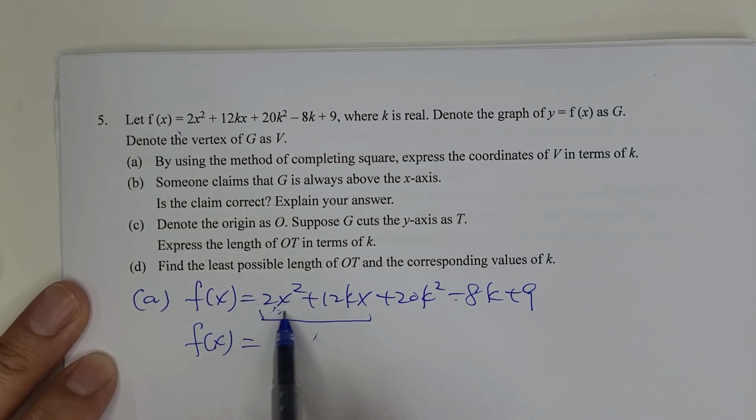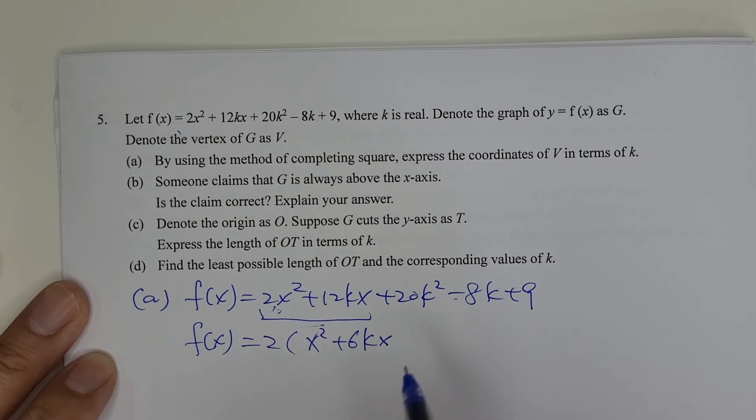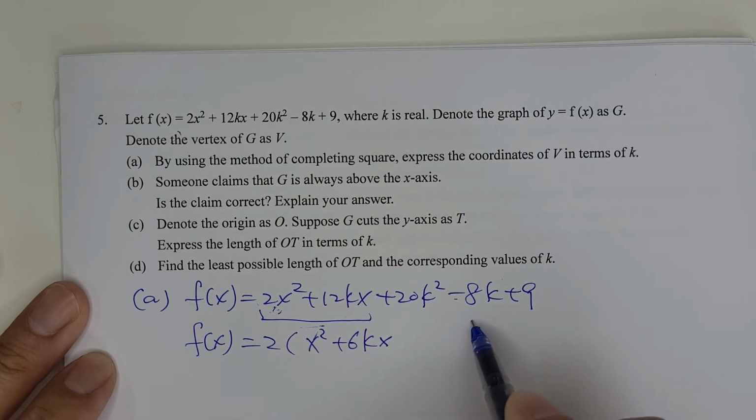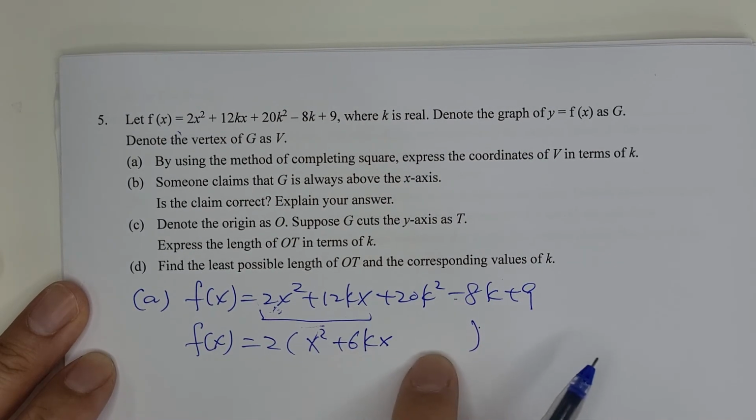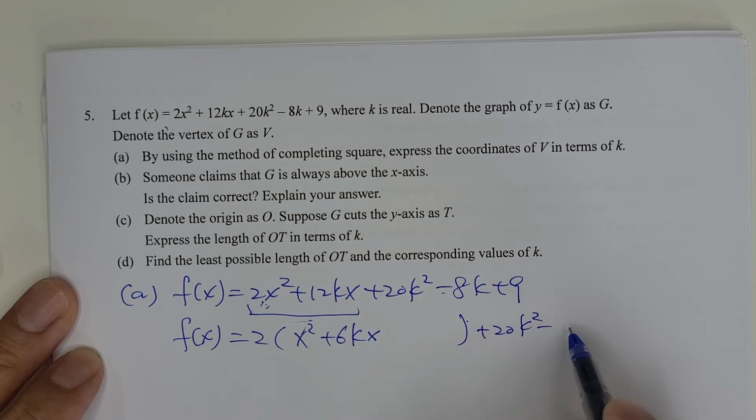It may not be a common factor, it doesn't matter, just take out the factor of the coefficient of x squared. So 2 times x squared plus 6kx, and then leave some space here, okay? We want to add something. Plus 20k squared minus 8k plus 9, okay?